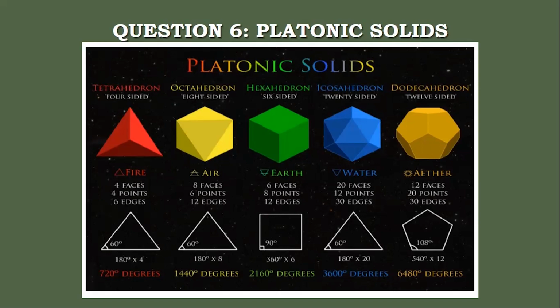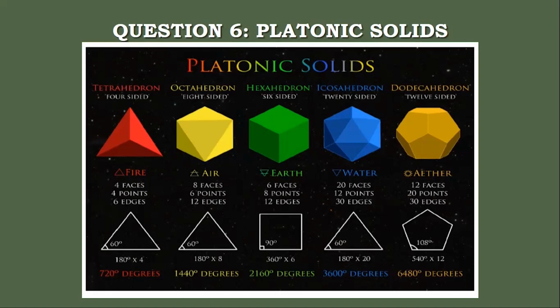Very important thing in Platonic solids, regular shape. The flat sides, the faces, must be a regular shape. And a regular shape means that all its sides are the same length, and all the corners or angles are the same size.